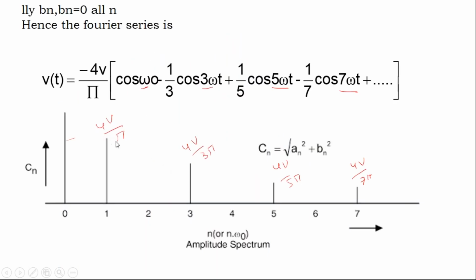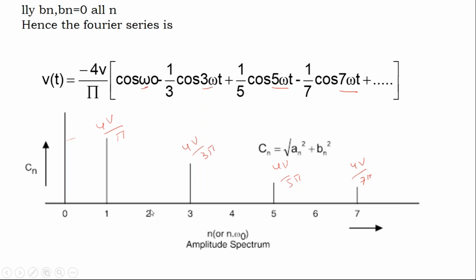So this is the amplitude part. Now please try to understand. When you plot this spectra, the amplitude and phase spectra you get is always a discrete spectrum. That means you have this spectra only at specific instances of omega. When n equals 1, you get omega.